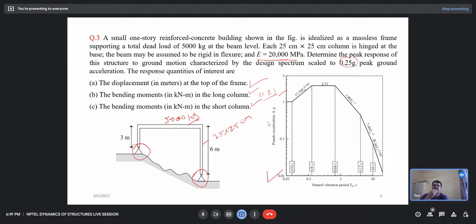First, I have to find the moment of inertia I of the columns.